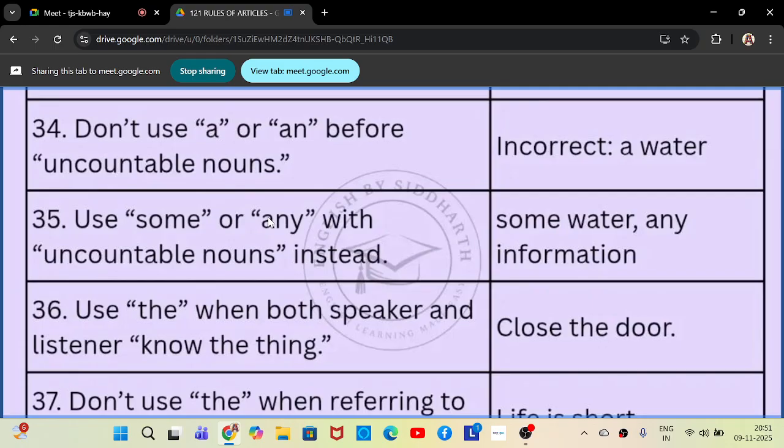Those which we cannot count. So with uncountable nouns, you should not use any article. That is, we don't say a water, we don't say a sugar, a salt. That is wrong. Okay, we simply say water or the water is fine. The sugar, the salt, that's okay. But a and an use ചെയ്യാൻ പാടില്ല. You should not use. Okay.